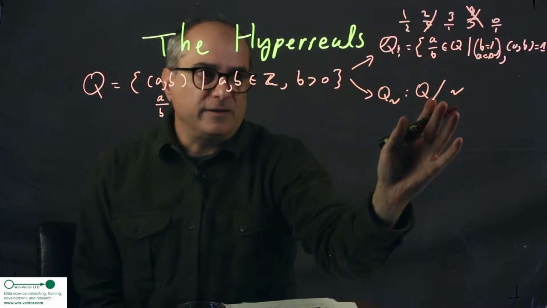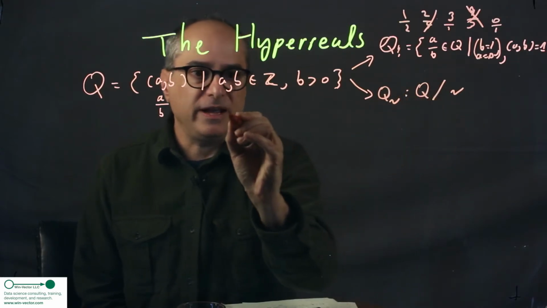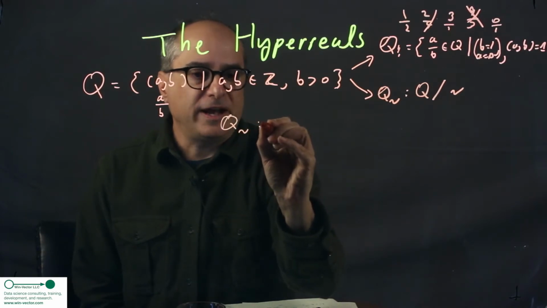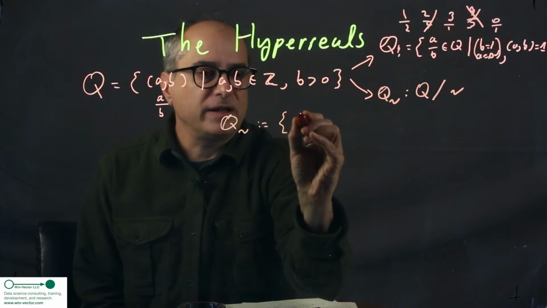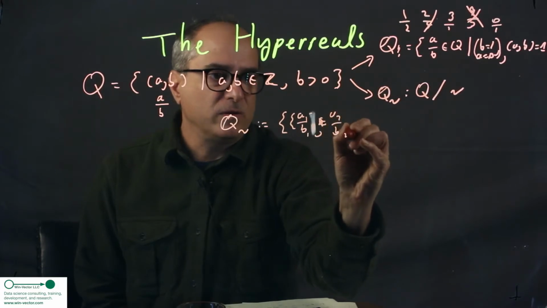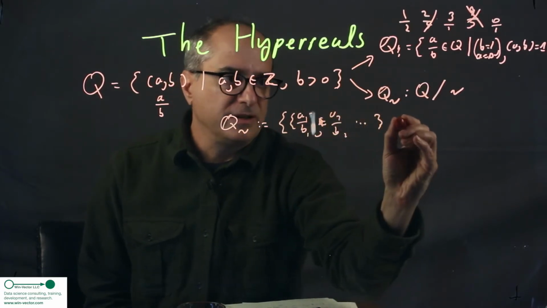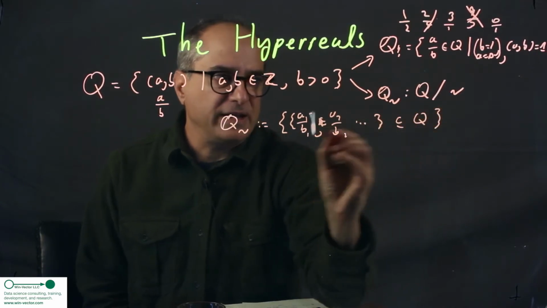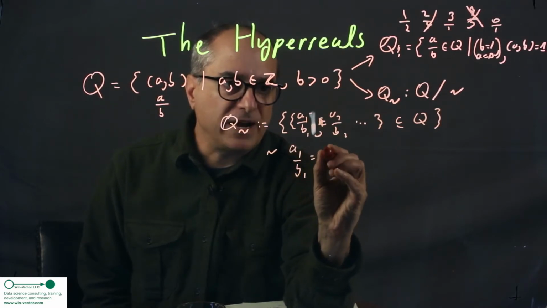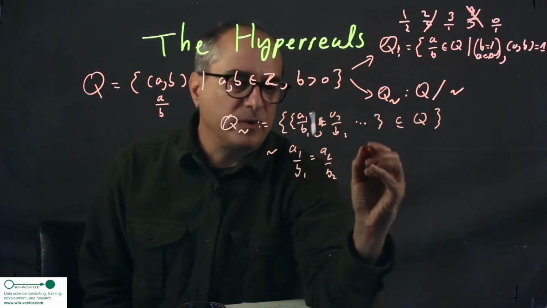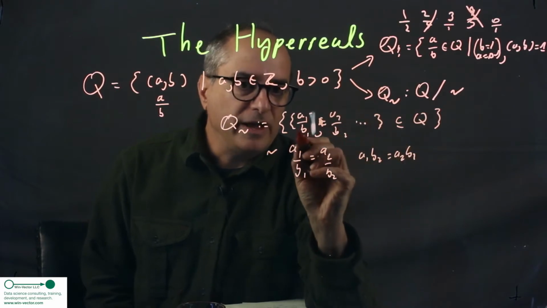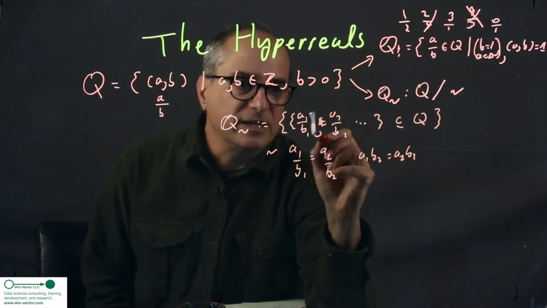This compact notation means we take all the sets of pairs (A1, B1), (A2, B2), and so on, so it's a set of items contained in Q. And the equivalence relation is that (A1, B1) is the same fraction as (A2, B2), or, clearing denominators, A1 B2 equals A2 B1. So every single way to write the same fraction is in this set.